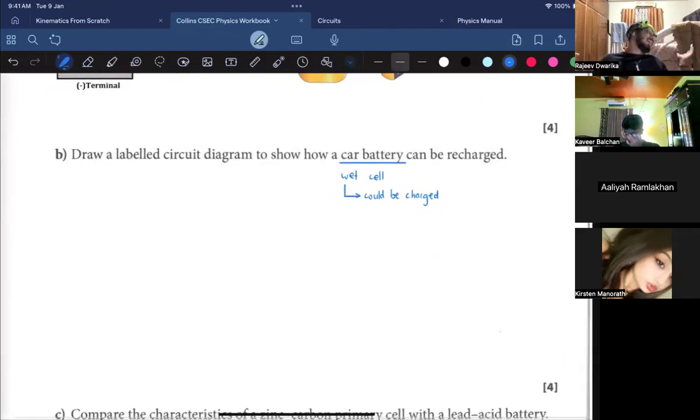So basically, to charge a battery, you just need a battery charger, which outputs DC current, and you hook that up to the battery. So I'm going to give you a very simple diagram.